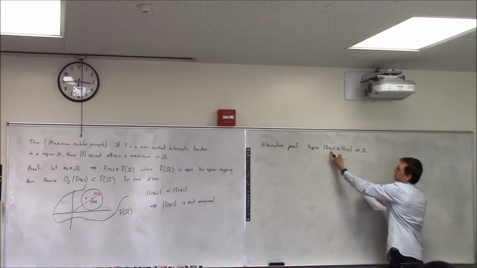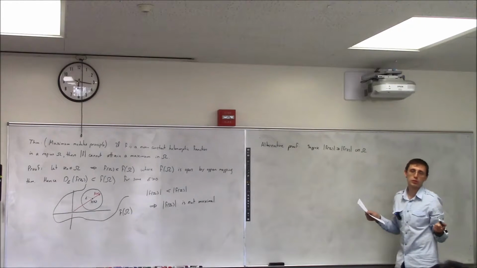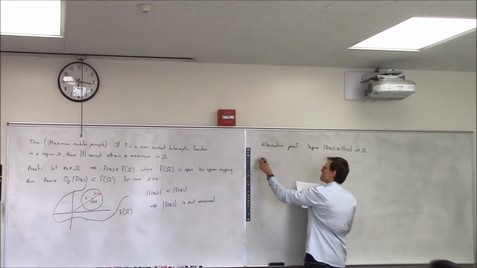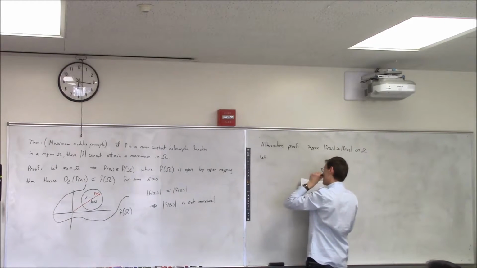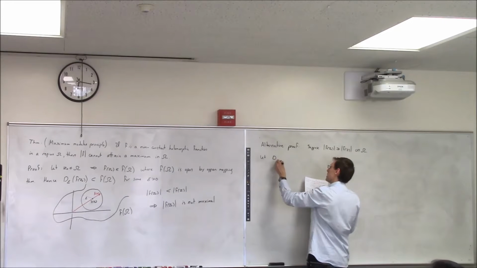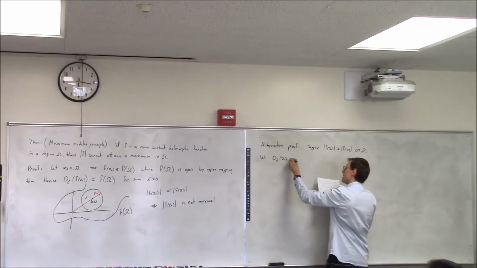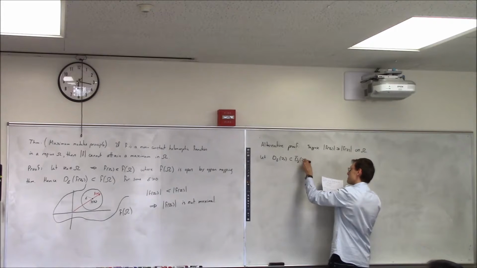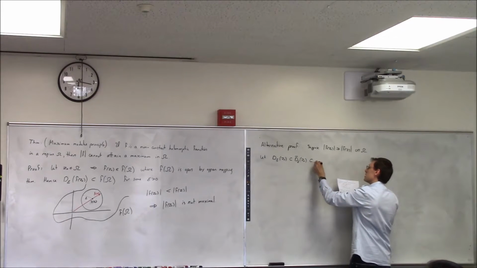That means that f of z0 is a maximum. And I'm going to show the function is then constant. Let there be a disk of radius delta centered at z0, that is, the closed disk centered at z0, which is in omega.